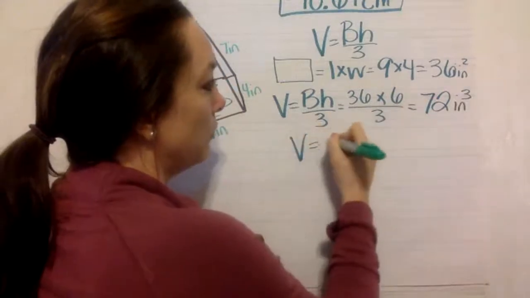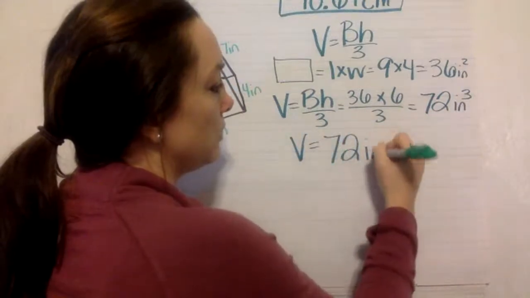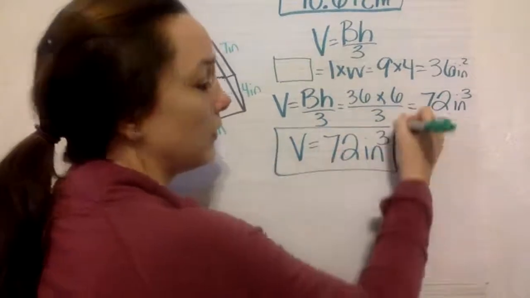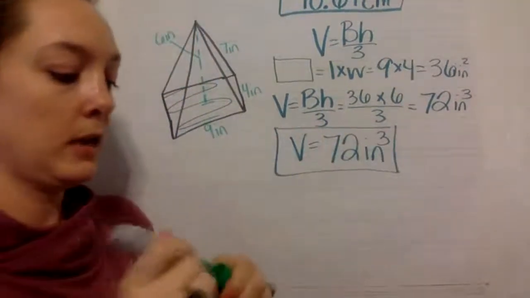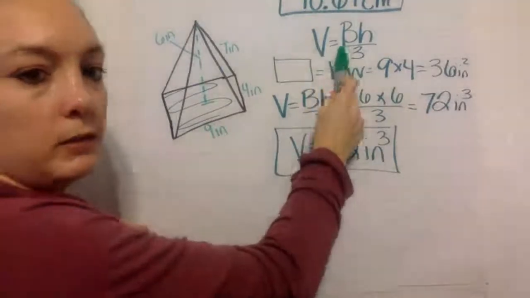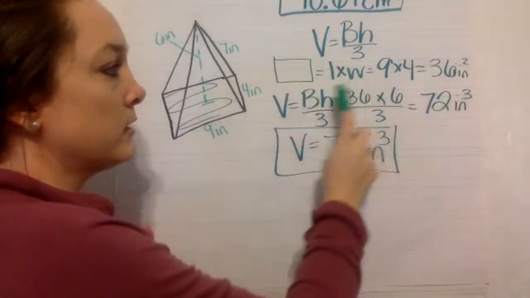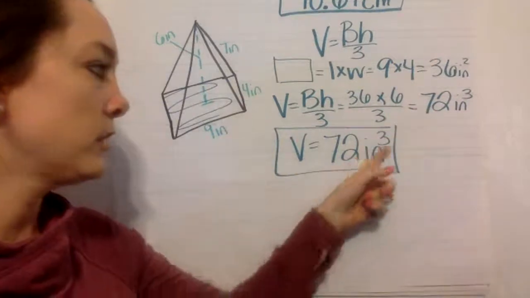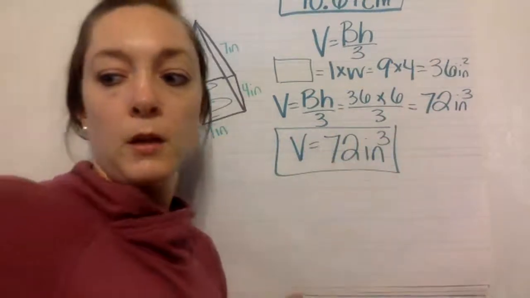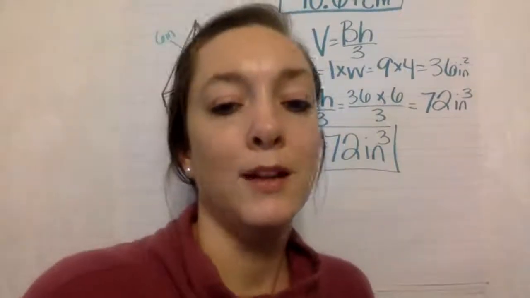So my volume is 72 inches cubed. Okay. Again, I am writing the formula, finding the area of the base, plugging in my numbers, calculating it, writing my units, and cubed. Okay. So I think that's all.